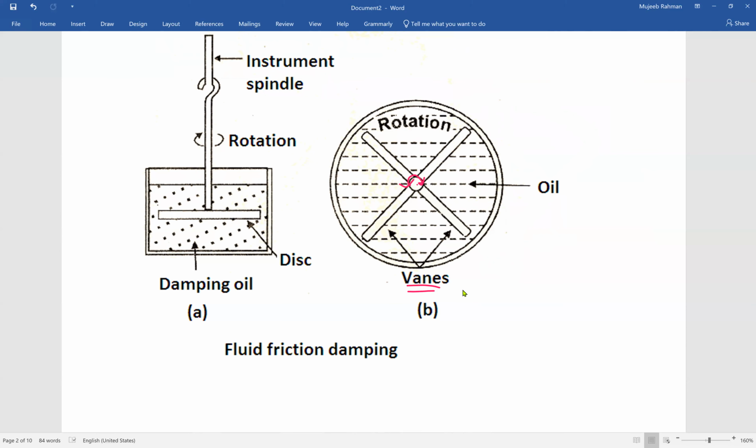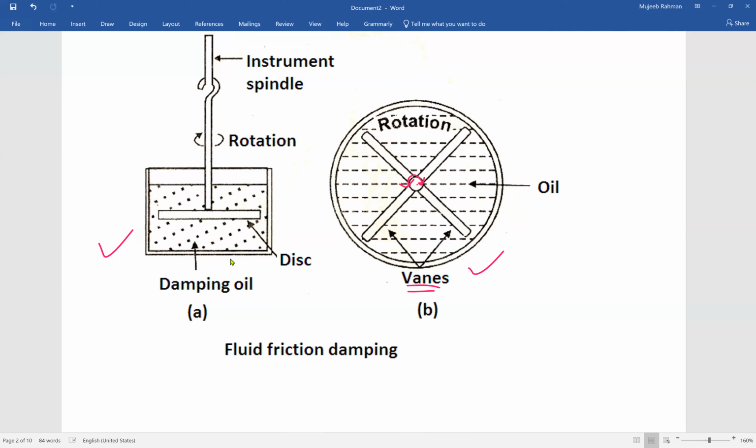This is like a circular disc, and this is another chamber consisting of highly viscous fluid. The interaction between the fluid and the rotating part will control the unnecessary oscillations, and thereby damp them out.